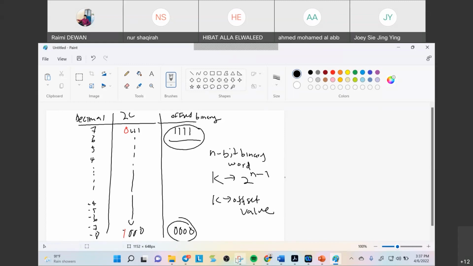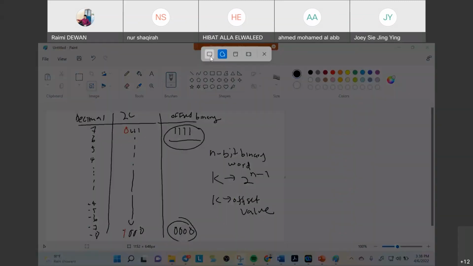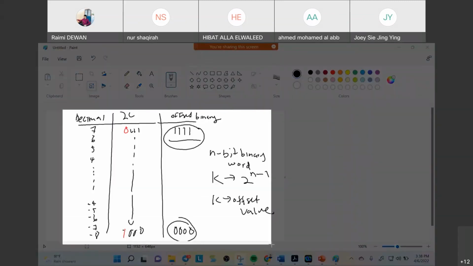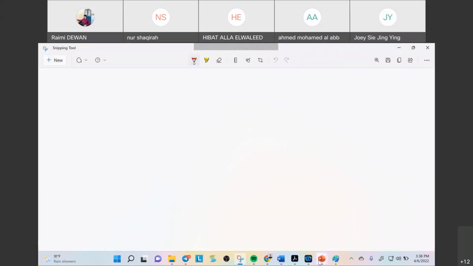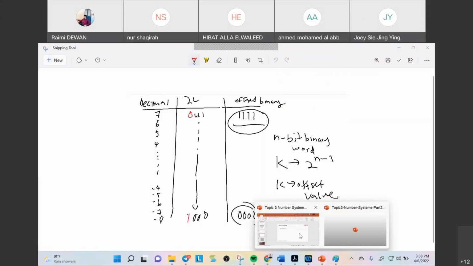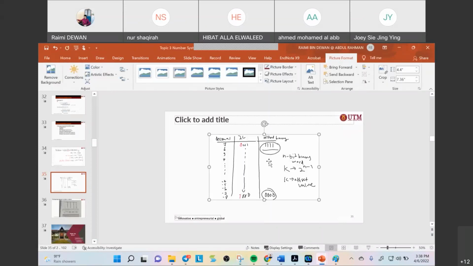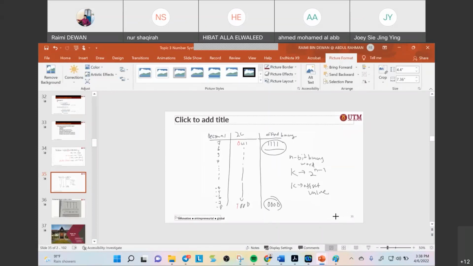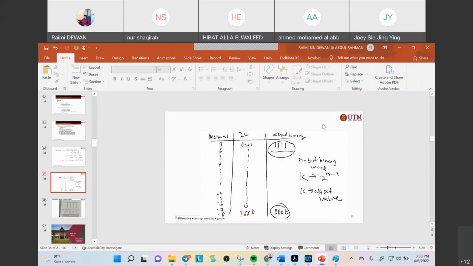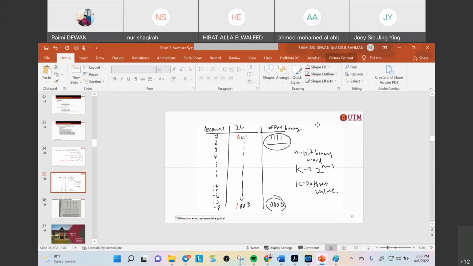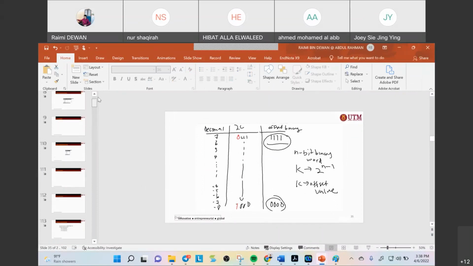So I take this one. The rest of the module discusses binary arithmetic: addition, division, multiplication, and so on.